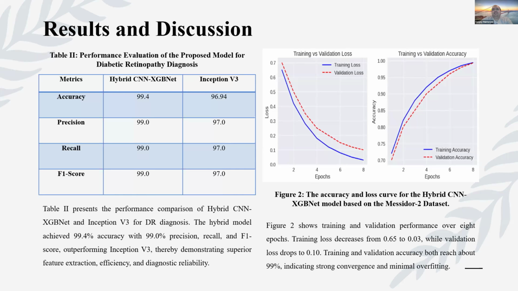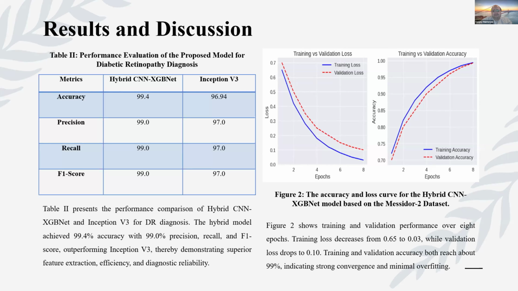The results show, as you can see, a strong performance improvement. The hybrid CNN XGBoost model achieved accuracy of 99.4%, precision 99%, recall 99%, and F1 score of 99%. Compared to Inception V3, which achieved around 96.94% accuracy, the hybrid model performs significantly better.